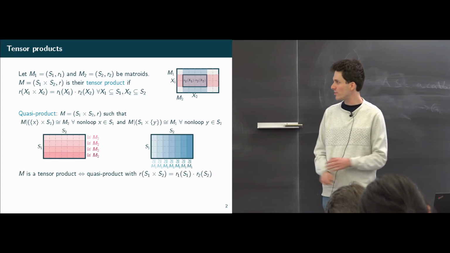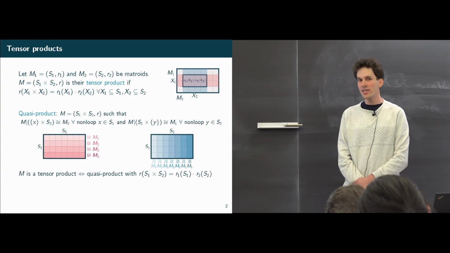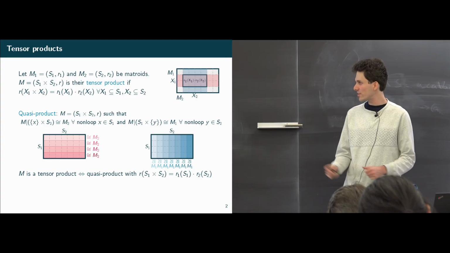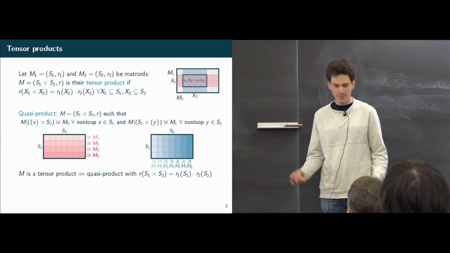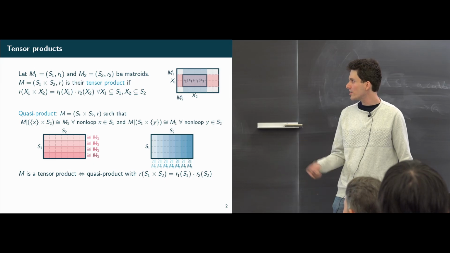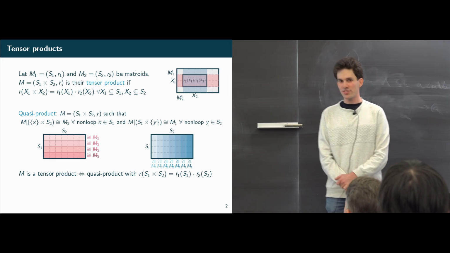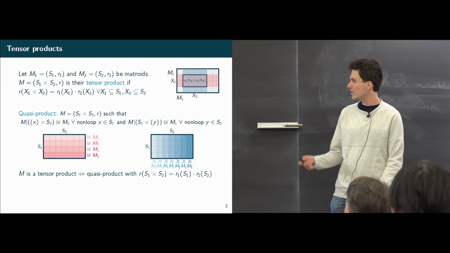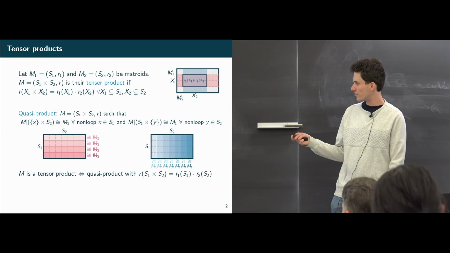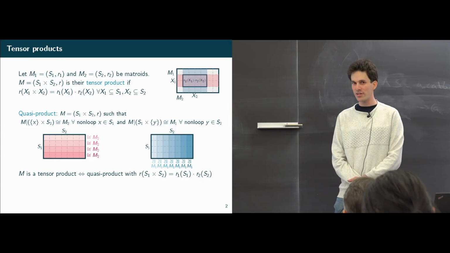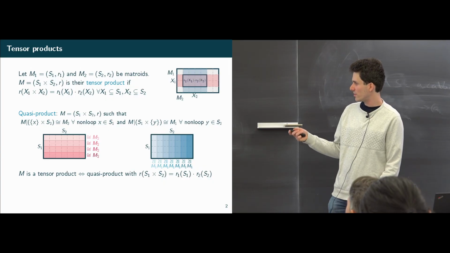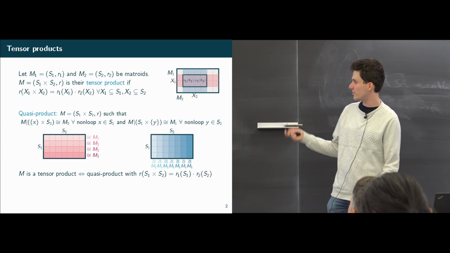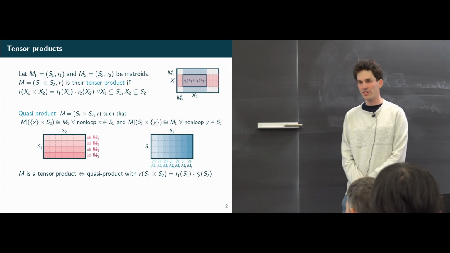To get a bit more familiar with tensor products, it is also useful to know that these are the quasi-products where the total rank of the ground set is correct. So a quasi-product is just a matroid on a product set, such that, assuming that the 2 matroids are loopless, if we restrict it to each row, then we get back the second matroid, and on each column, we get back the first matroid.